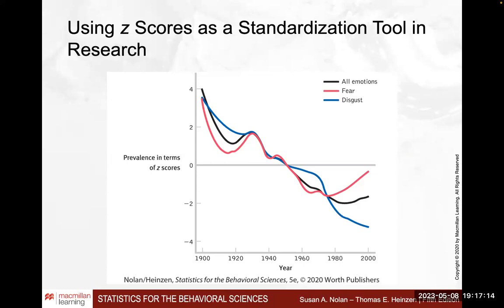So that's here emotions over time in prevalence in terms of the z-scores. So these have changed concomitantly, although all three of them are entirely different.